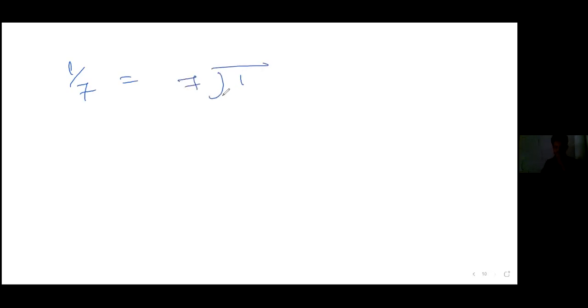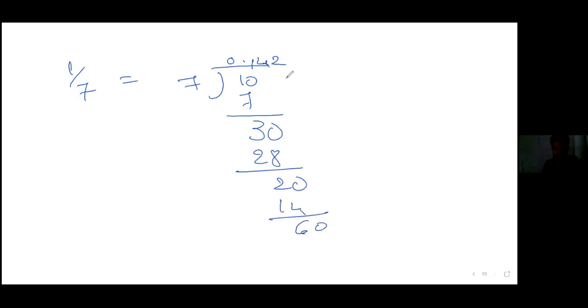If I just divide this, one is divided by 7, I need to take 0.1, then again left with 3, this is 4, and 28 to 0, that is again 2, 14, 6, 56, and again 40.